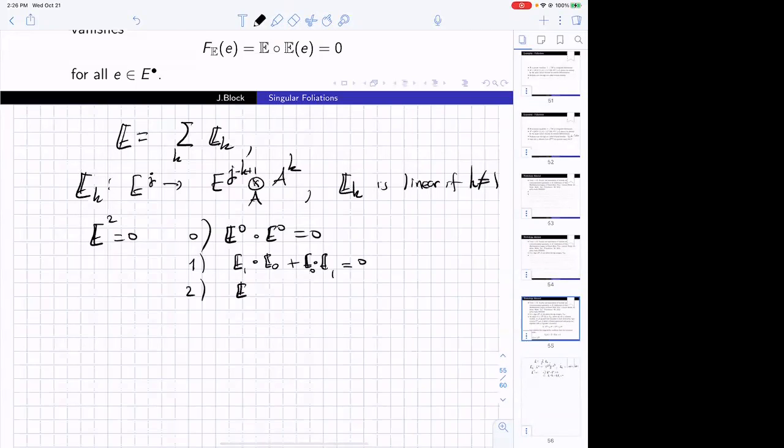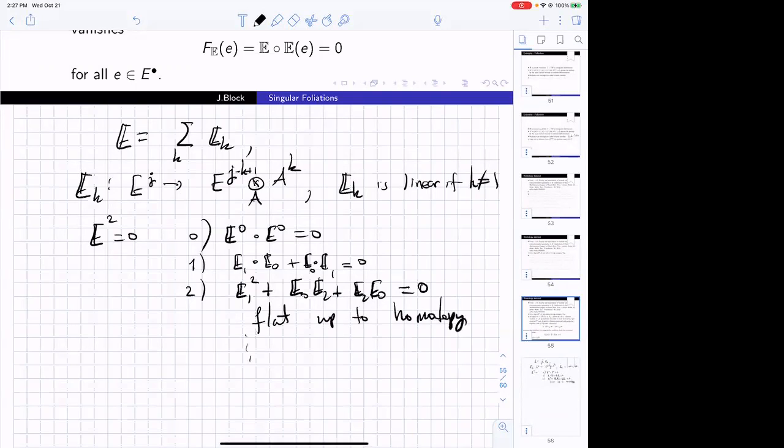Condition 2 is that E1 squared plus E0 E2 plus E2 E0 is 0. So in particular, E1 squared isn't 0. It's not a flat connection, but it's flat up to homotopy. And so forth. You have a condition for each n up to the point where the DGA has no elements.